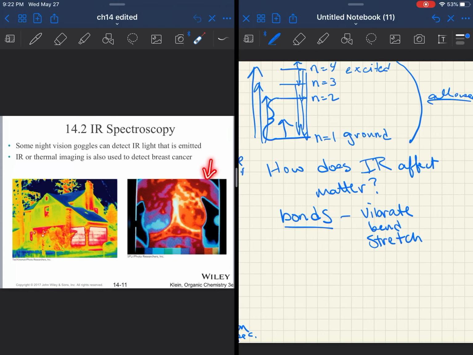For this picture on the right side of the PowerPoint, what you're seeing is breast cancer. And what's interesting about cancerous tissue or tumors is that they have their own vasculature that's often more chaotic than healthy vasculature.